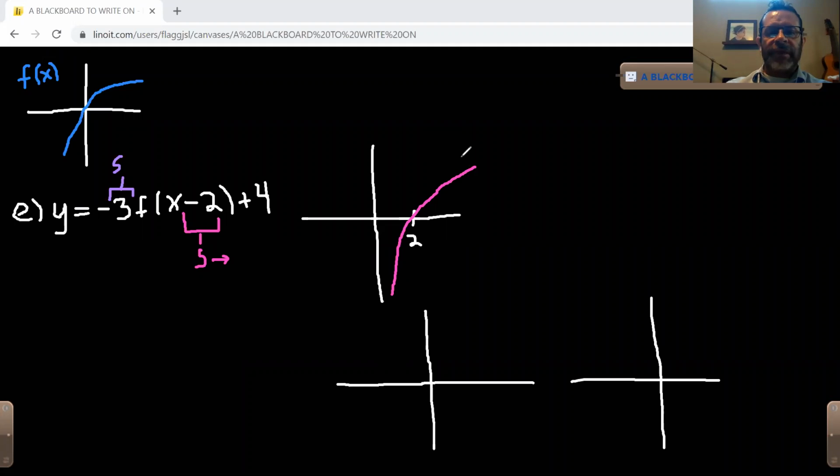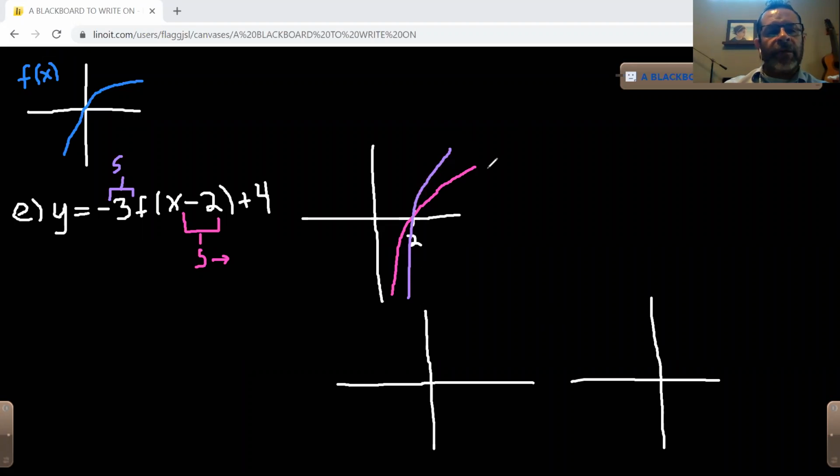So now instead of having this, we're going to have something like this. I'll exaggerate that a little bit more. It's going to be stretched a little bit.